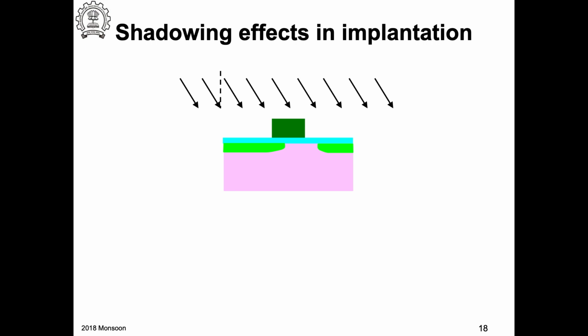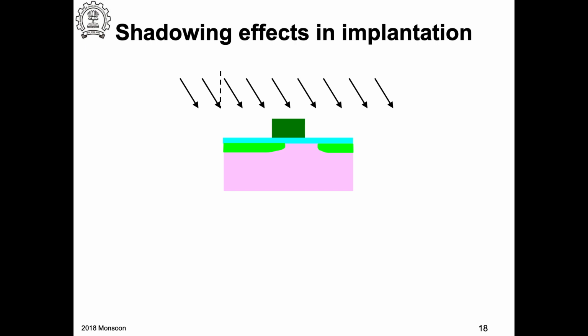So if I now tilt it, the tilt angle is defined with reference to the vertical to the substrate and this angle. This is the tilt angle. Now I make, you have a gate here, so it actually would have a shadow. This gate would actually create a shadow. So any topography can create a shadow in the implantation.